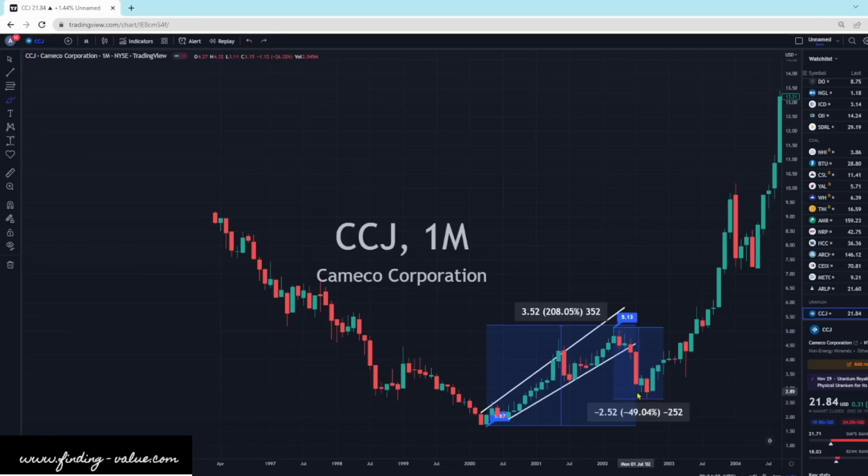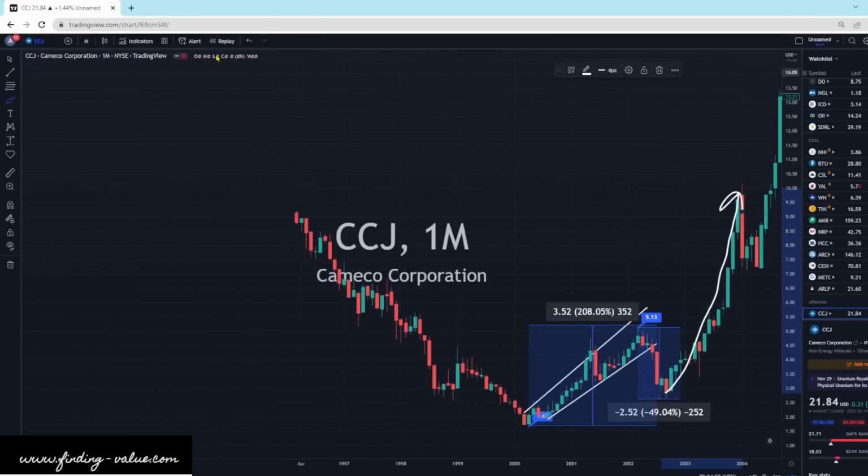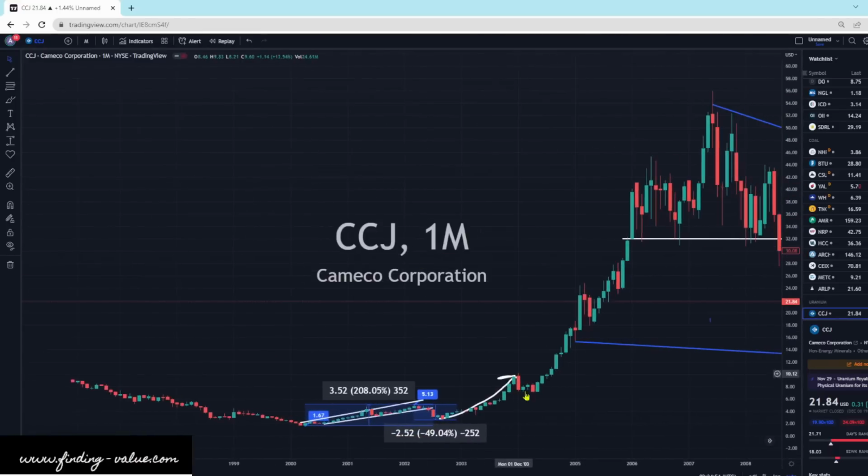This also correlates with the 2001 recession in stocks. Then we took that 49% hit, and then we just rocketed. We still had very big pullbacks along the way. This isn't an easy ride. It's very volatile. And then you'll get your first one.